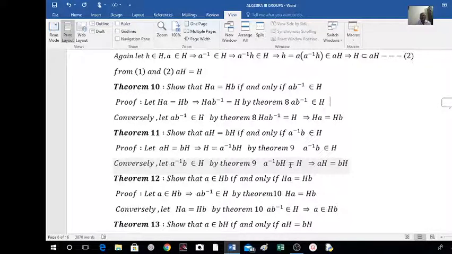That is BH equals AH, that is AH equals BH. This is theorem number 11, and we have proved it using theorem number 9.